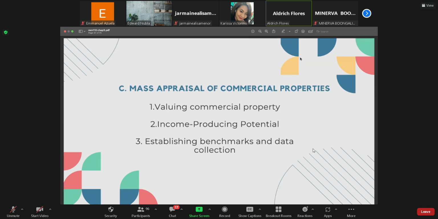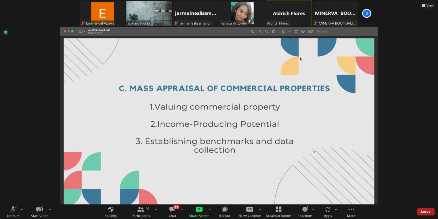So number 3, establishing benchmarks in data collection. So pag mag-appraise din, kailangan natin makapag-establish ng benchmark or yung mga standards. Kasi ito yung mga serve as reference point for comparison and evaluation. So ano ba yung mga standards? Ito yung mga physical characteristics ng property tulad ng size, location, amenities, yung age ng building, yung condition.